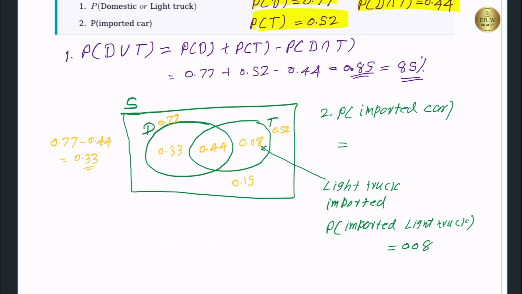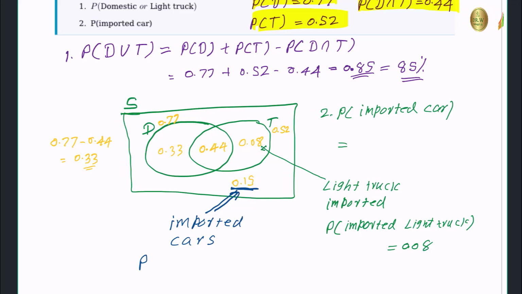Now let me explain this 0.15. What is the 0.15? Okay, it is out of the D. Out of the D means it is not domestic. If it is not domestic, it should be imported. And also 0.15 is out of the T. That means it is not the light truck. If it is not the light truck, it should be cars.